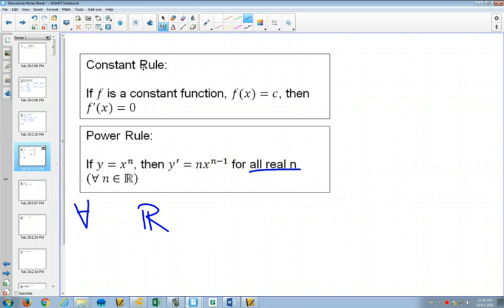Like, here's another fun one. Ooh, if. Does anyone know what if stands for? It stands for if and only if. That's like a really big if.